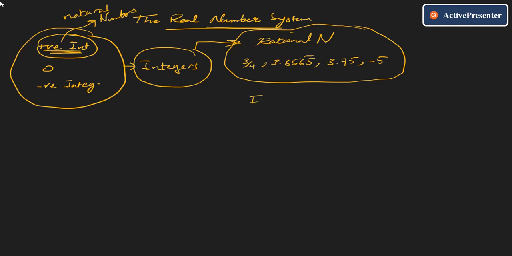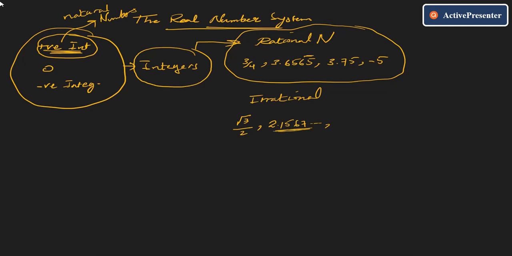Irrational numbers are those numbers that are not rational. They cannot be a fraction of integers. So you cannot say square root of 3 over 2 is a rational number. It is irrational because it is a fraction of non-integers, and also non-terminating, non-repeating decimals, like 2.1567.